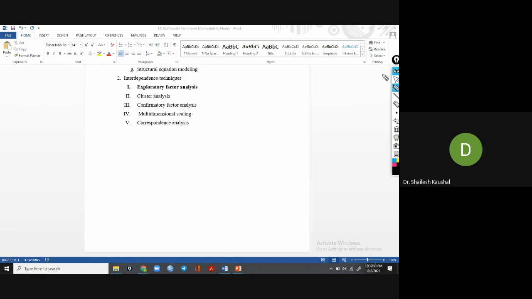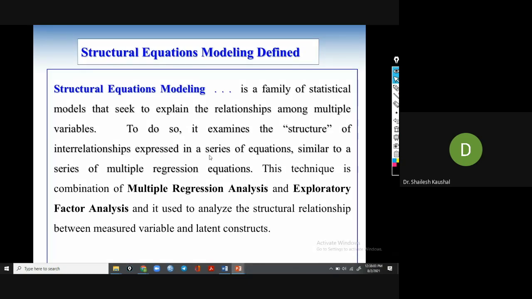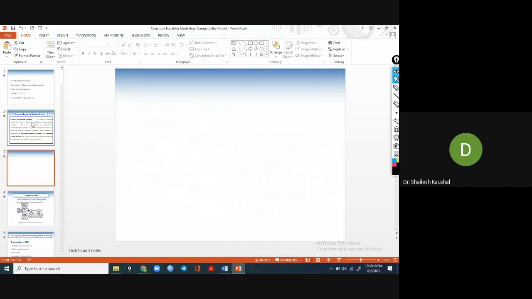Now I'm explaining the prerequisites of structural equation modeling. What is the concept of this? Basically, we use multiple regression analysis and exploratory factor analysis.